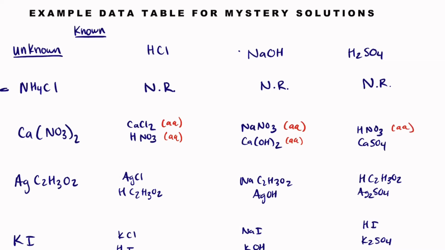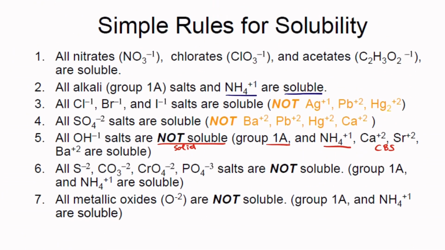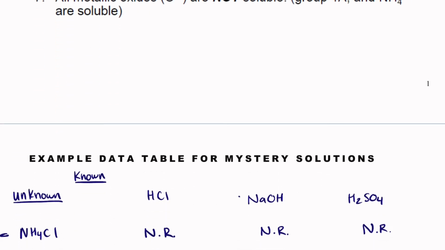And then calcium sulfate, we're going to go to, I think it's rule 4 with sulfate. Sulfates are always going to be aqueous, except, and the way I remember this is bad lead, hungry cats. Don't ask me why that helps me remember it, but that's how I remember it. So calcium with sulfate is going to be actually a solid.